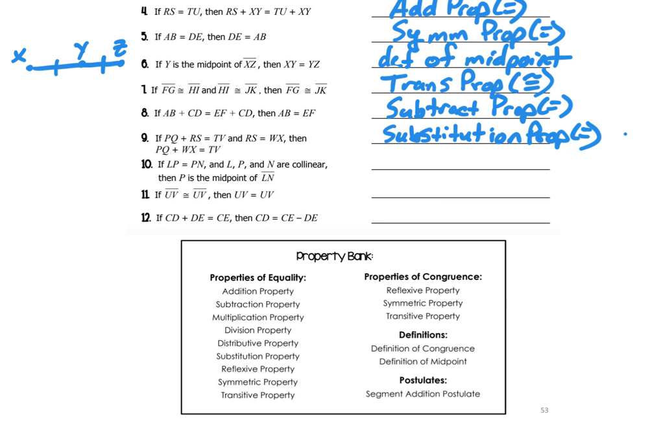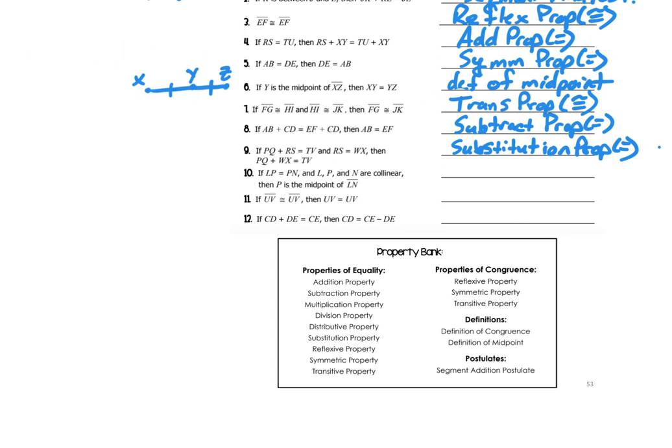Okay, number 10. If LP equals PN, and L, P, and N are all on the same line or segment, collinear, then P is the midpoint of LN.